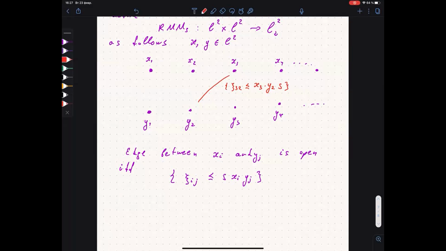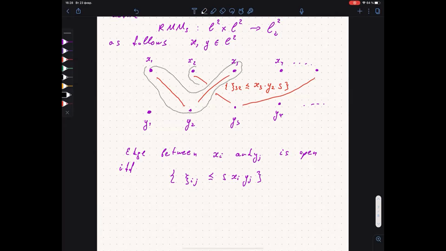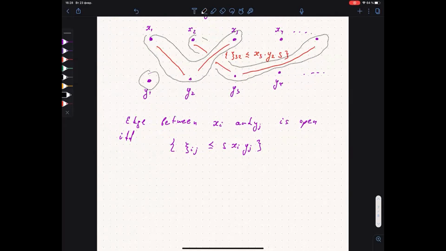We will have probably a graph like this, say, there and there, and after that we consider the connected components. Consider the masses of each connected component.